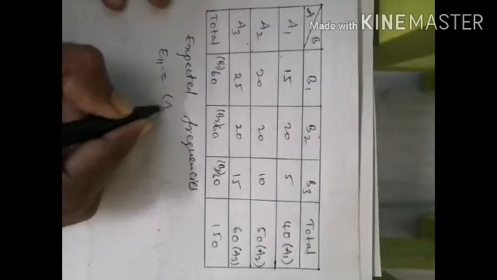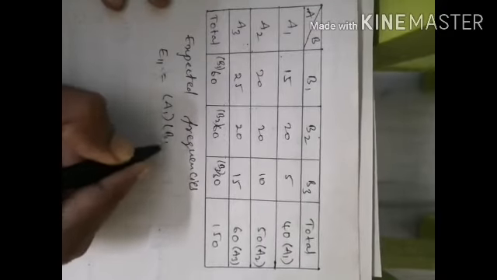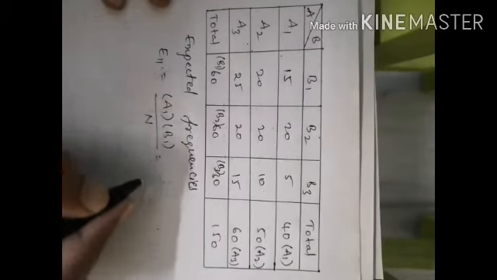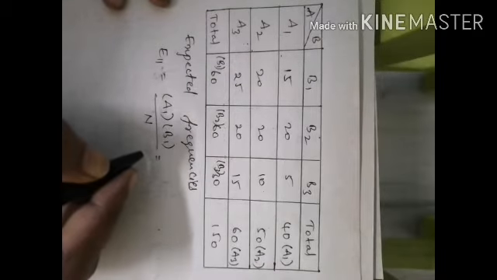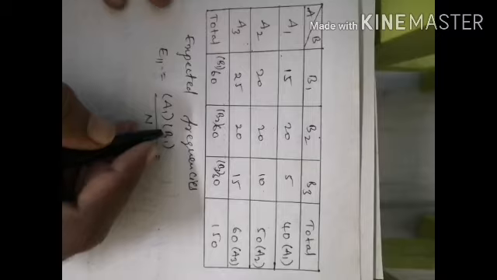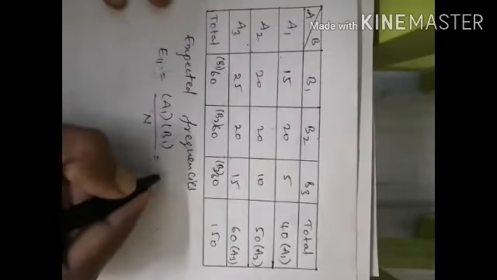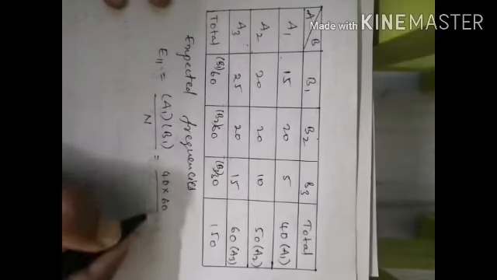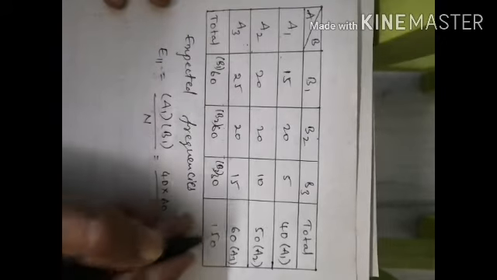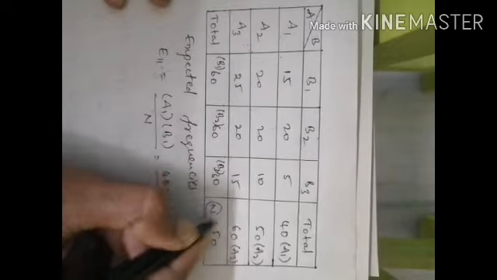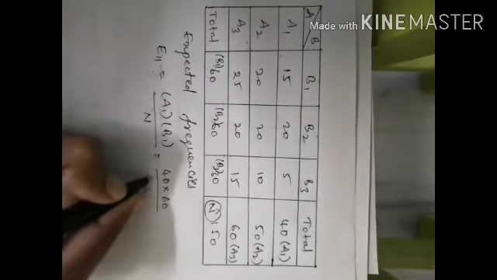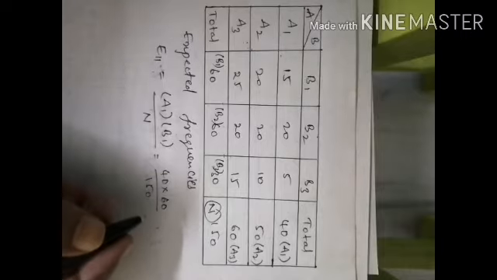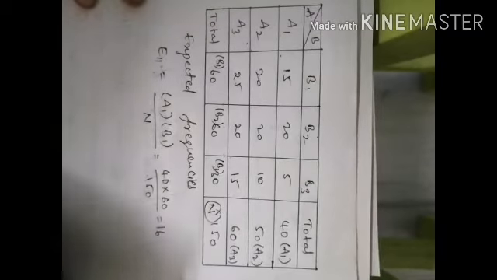E11 equals A1 into B1 by capital N. The total of A1 is 40, into B1 is 60, by N, which is 150. This gives the value 16.